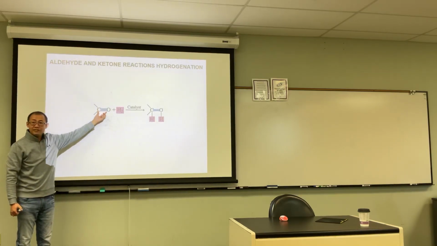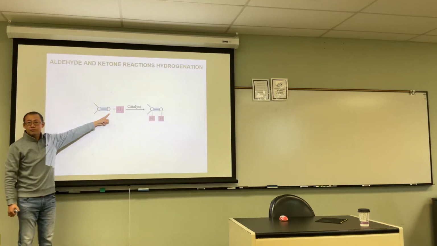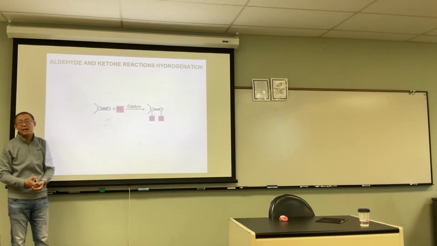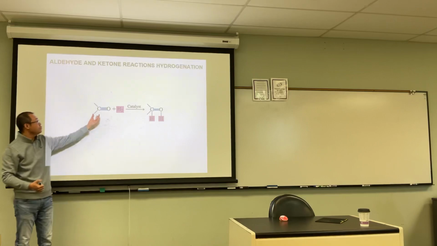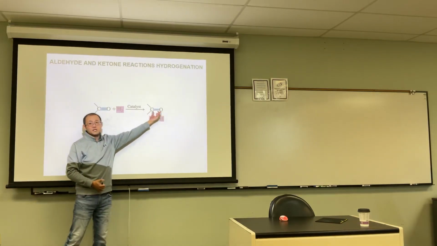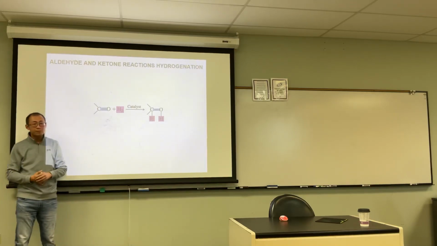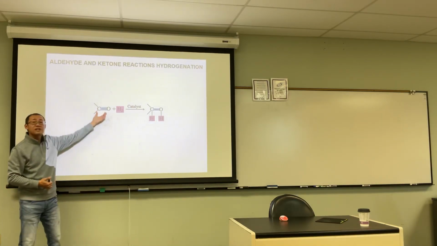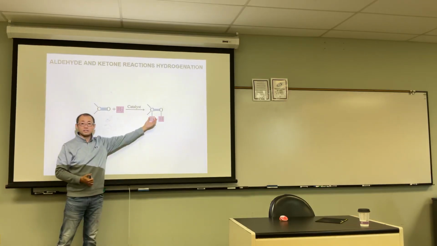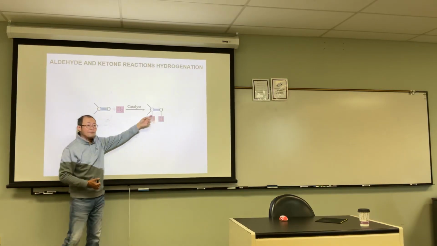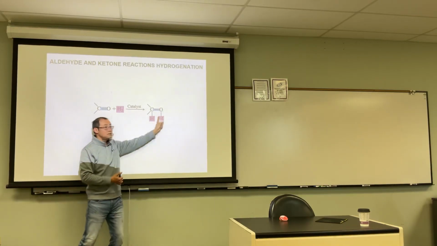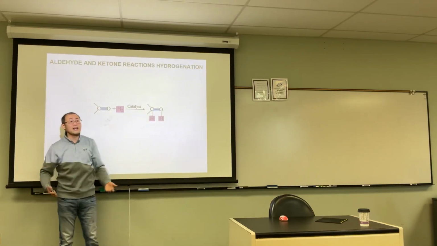By adding hydrogen to the C and what? To the O. Again, of course, if you want to add hydrogen to the C and O, you need to what? Change the double bond to a single bond. So during hydrogenation or during reduction, an aldehyde or ketone becomes a what? An alcohol. Remember, after you add H to the O, we have what? We have an OH, so we get an alcohol.